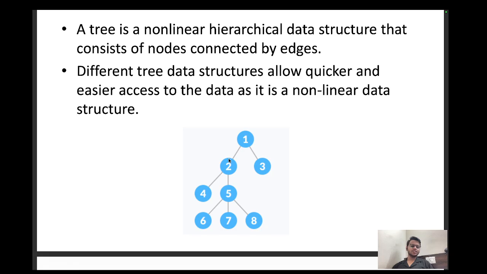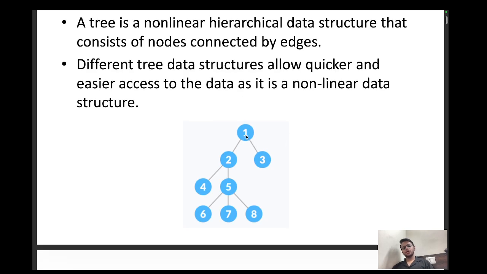And when we connect different nodes with some edges, basically these lines which connect two nodes are called edges. If we move further in trees, we will know that this is called the root node. The uppermost node of the tree is called the root node, and the two nodes connected to it, 2 and 3, are called the child nodes of node 1.